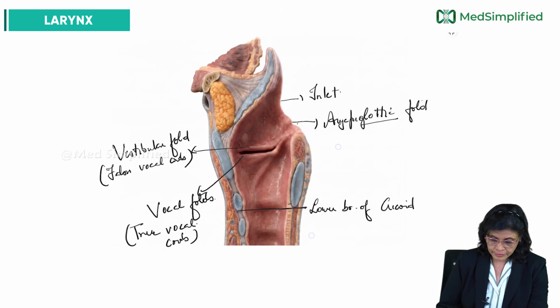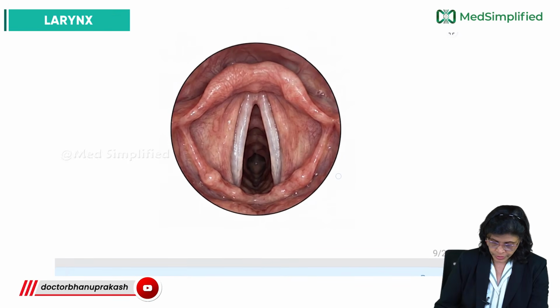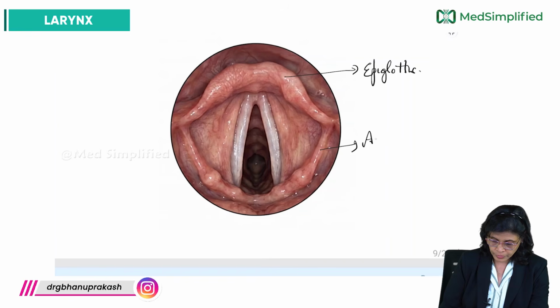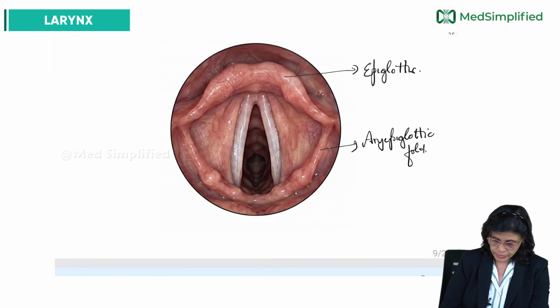Here you can see the true vocal cords. This is the epiglottis, and this is the aryepiglottic fold. In the laryngoscope, we will see it like this. Here we are seeing the vocal cords, the right and left.